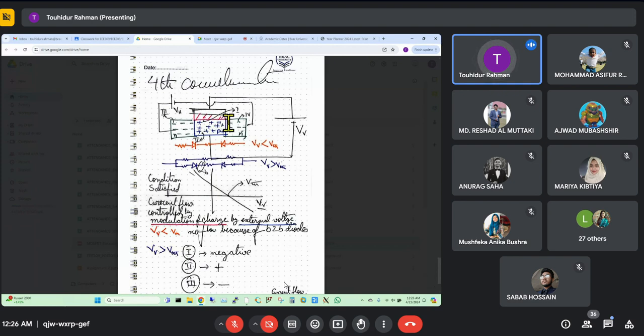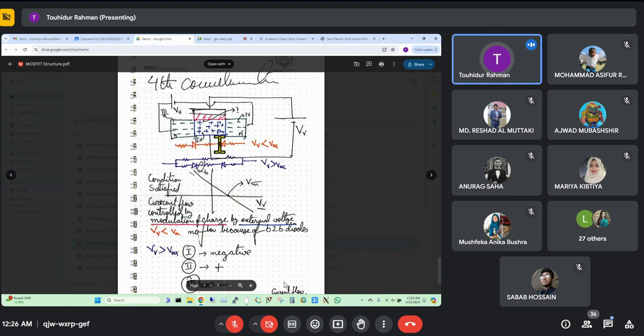At the bottom plate, we have positive charge, right? So we have negative charge, positive charge, negative charge. So that means we have one junction here and another junction.